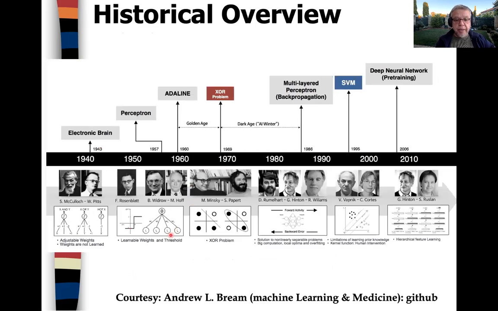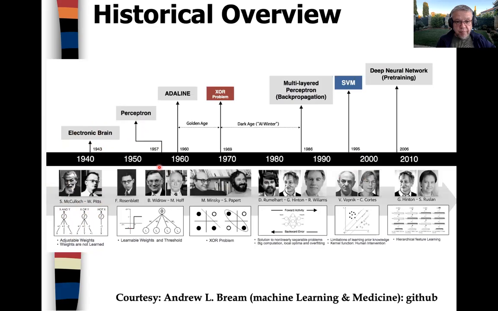This is an overview, a historical chart. As you can see here, McCulloch and Pitts came up with what they call the electronic brain. You can see here the AND function, the OR function, the NOT function, the adjustable weights, but the weights are not learned.